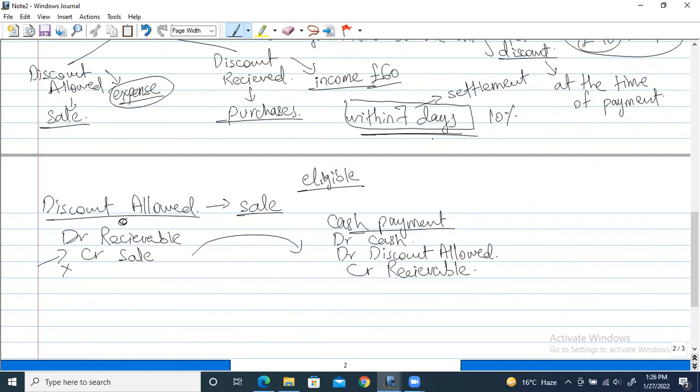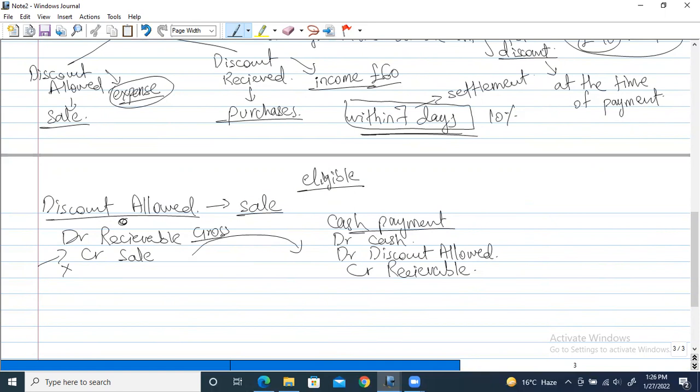He might be able to pay within 10 days. So if he makes the payment after 7 days, obviously discount will not be given, right? When we actually receive the cash, at that point we know whether he's eligible for the discount or not, right? Now what happens is that we create a receivable with the gross amount itself, the whole amount.